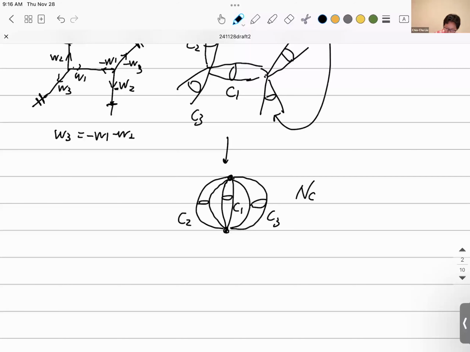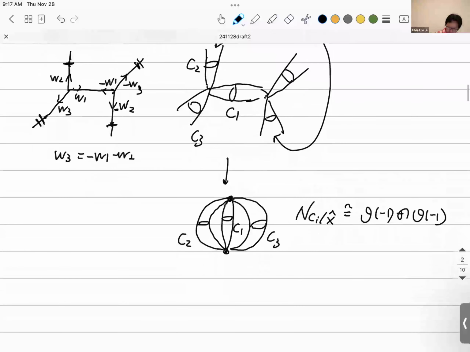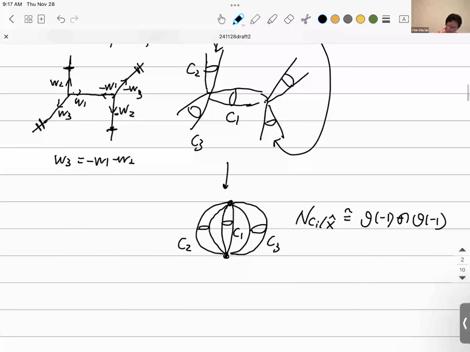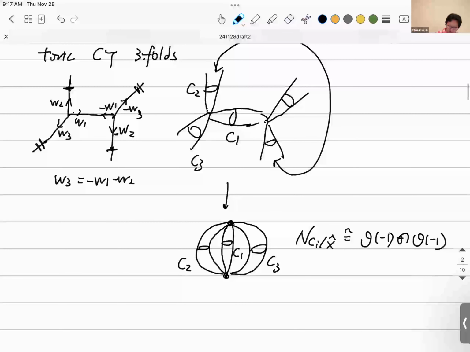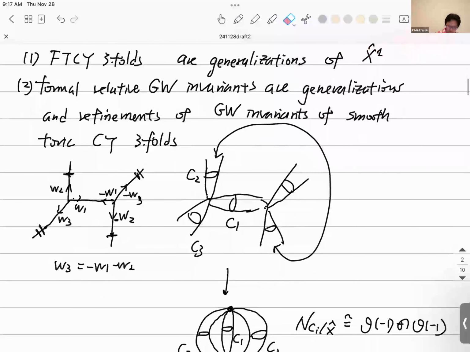And the normal bundle of each CI on the whole thing is O(-1) plus O(-1). This does not come from an honest toric Calabi-Yau, but we can define these as formal relative Gromov-Witten invariants.